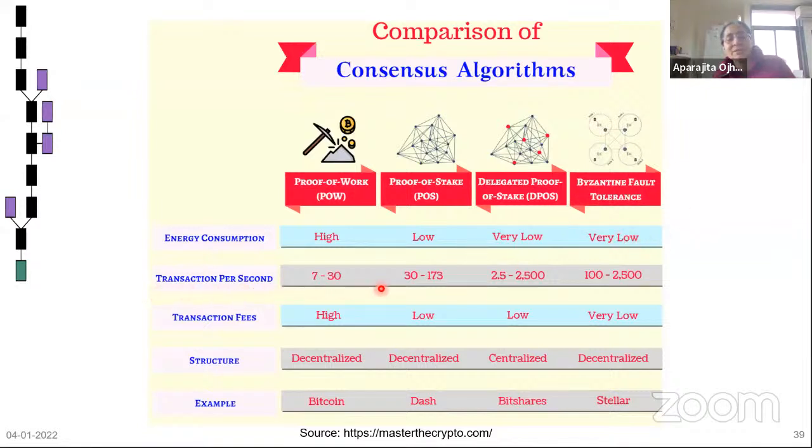For transactions per second, you can see that because it's low, it can have more transactions. Transaction fee is high. In spite of this, there's a lot of trust in this kind of proof of work. Many cryptocurrencies involve some money, right? It's digital cash that is involved.